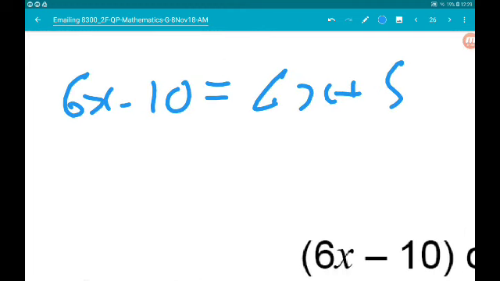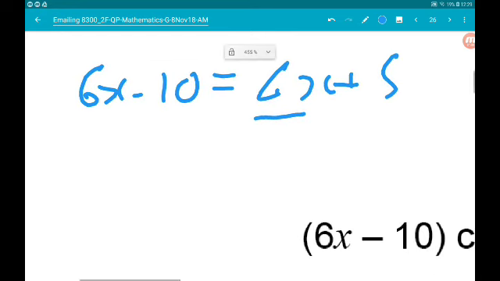So we've got an x on both sides, so I know these are scary. Always move an x term first. As soon as you do that, it looks a lot nicer. So to move a positive 4x, we subtract 4x from both sides. So 6x take 4x, 2x.